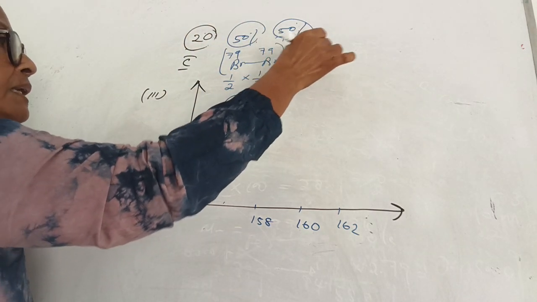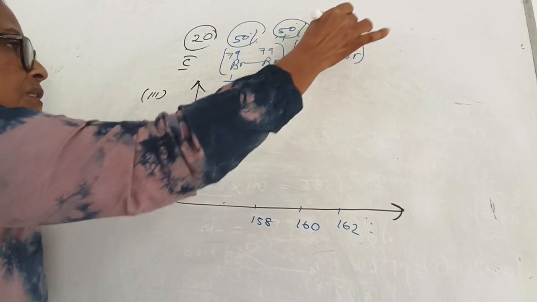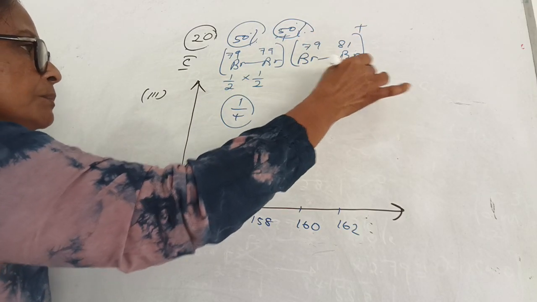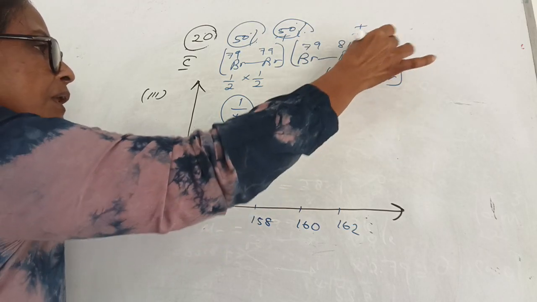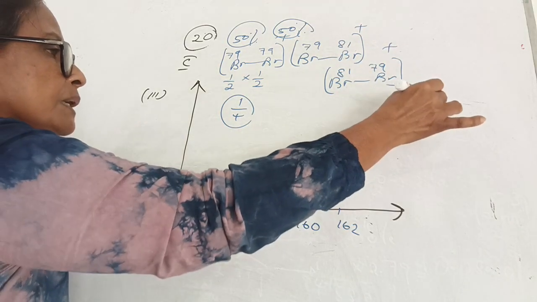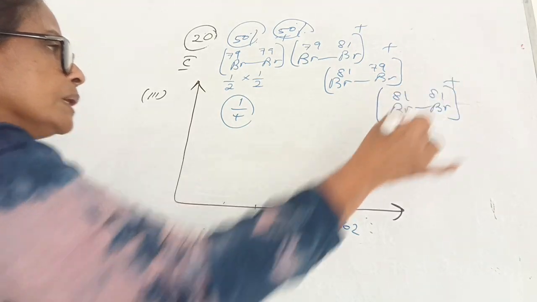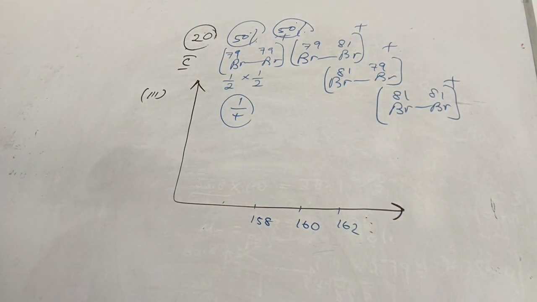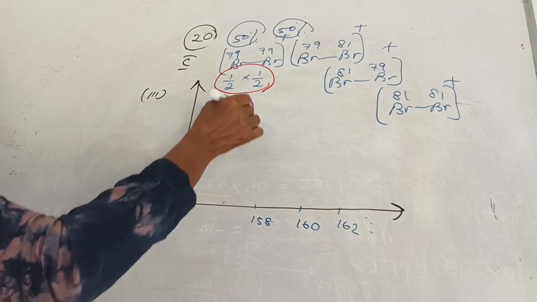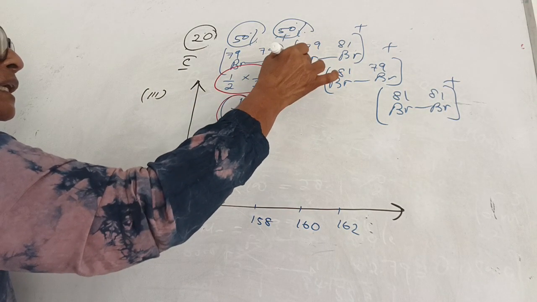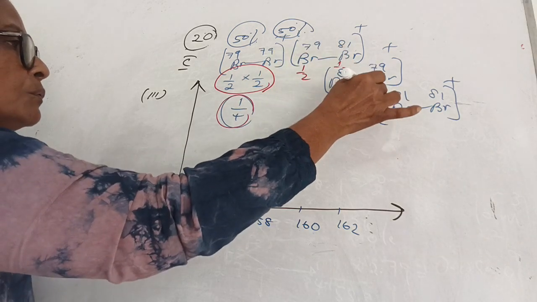Another bromine can exist with the 79 and 81, or else it could be the bromine 81 and the 79 in the molecule, or else it could be bromine 81 with the 81 in a sample.